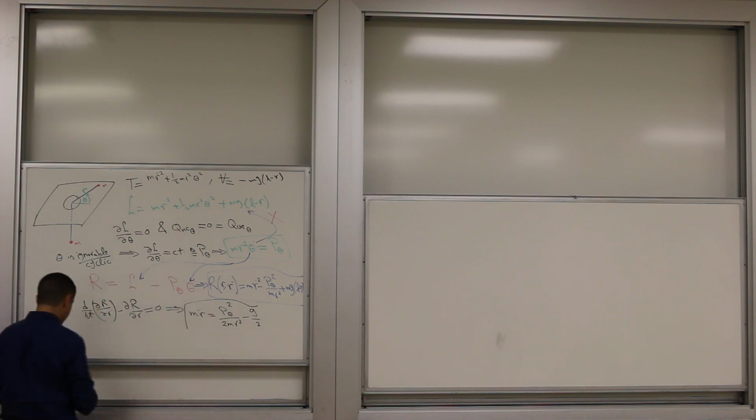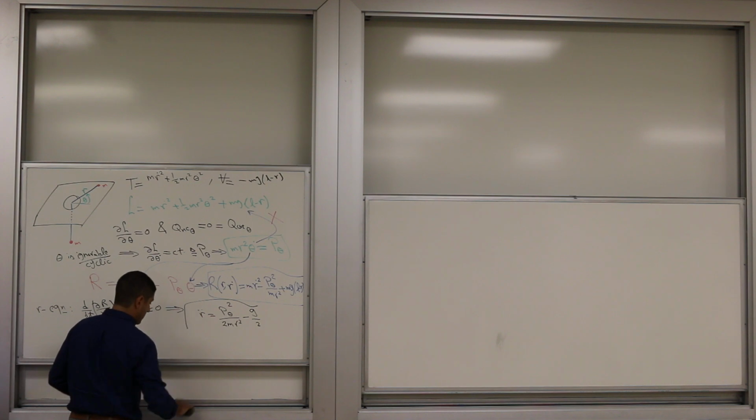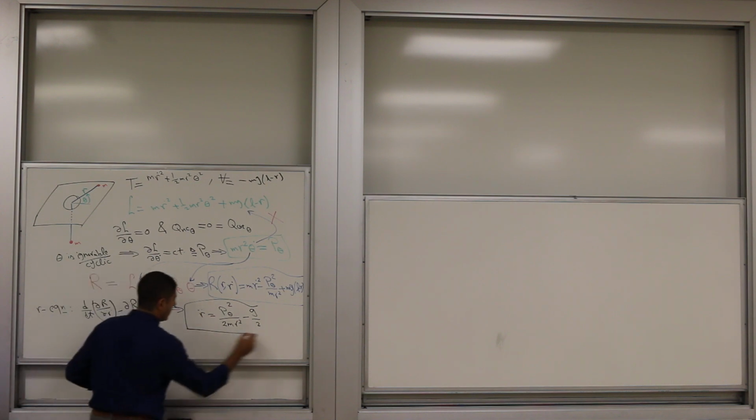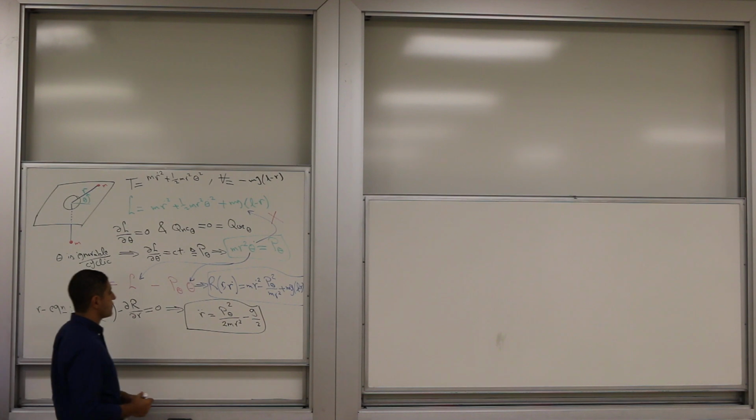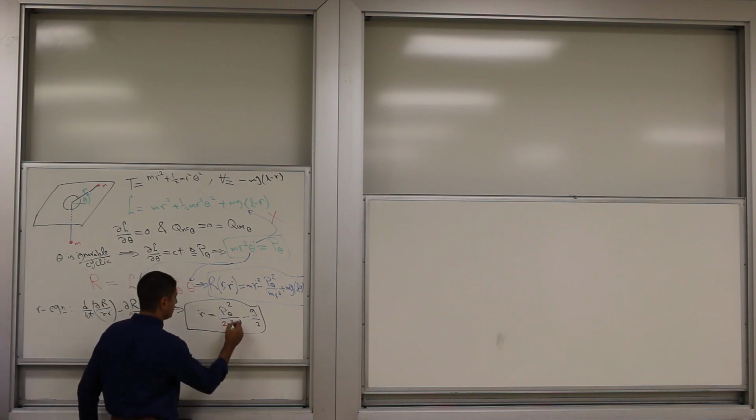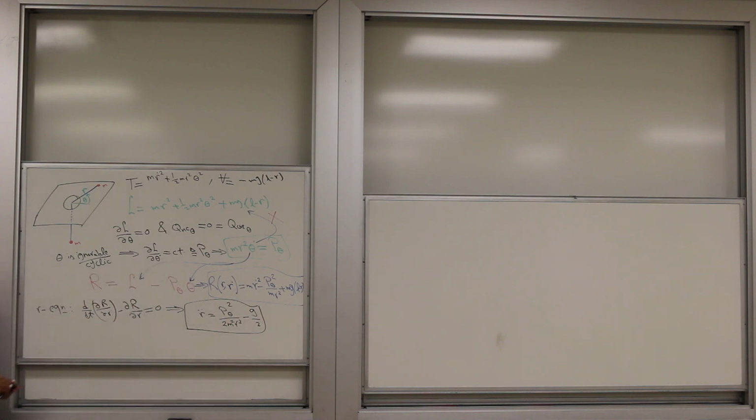No, there's no m. I already divided by m. Our dynamic equations of motion. Okay? Equation in r. I think it should be m squared. M squared? Yeah, m squared, that's right. Thank you. Any other question?